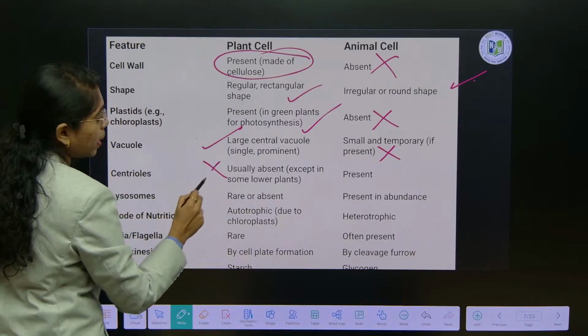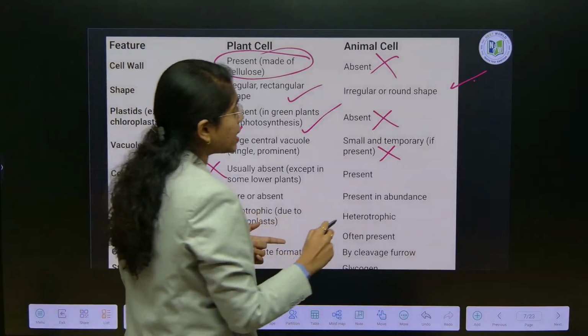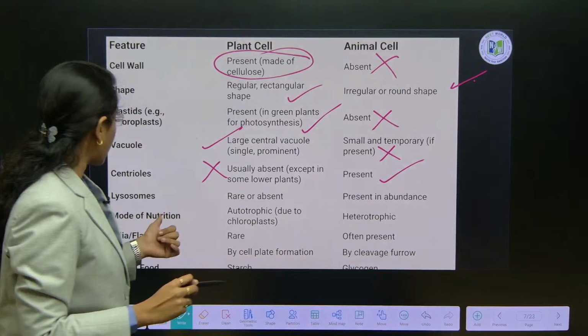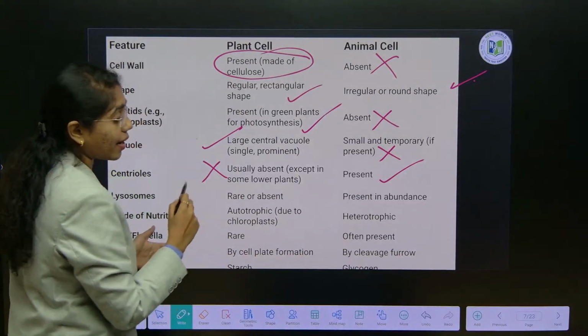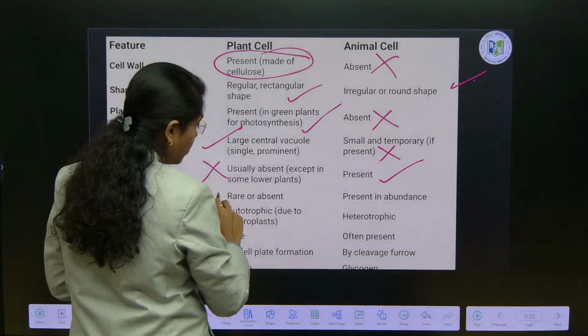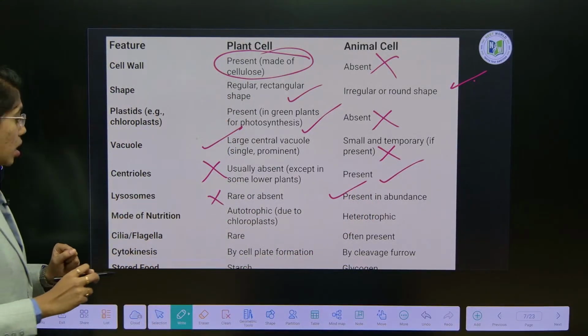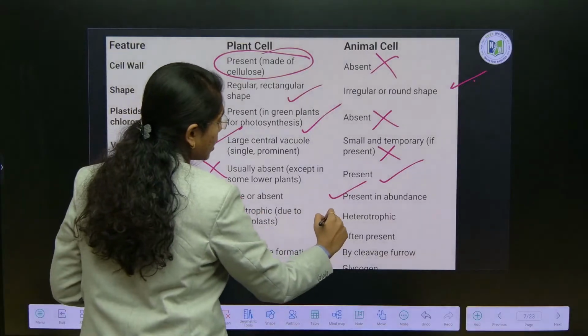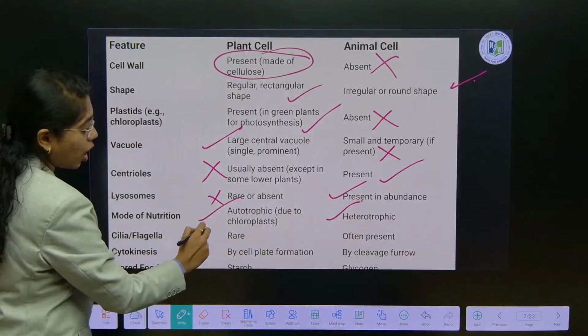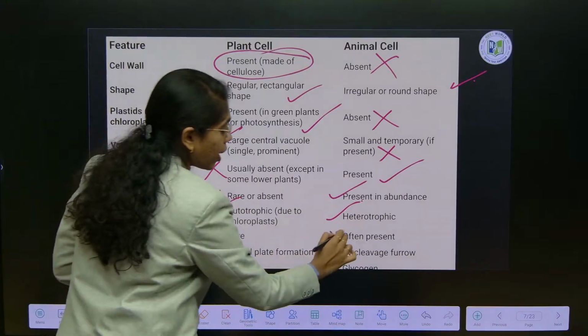Centrioles are absent in a plant cell and present in an animal cell. Lysosomes are rare or absent in a plant cell, and present in abundance in an animal cell. Nutrition is autotrophic in plants and heterotrophic in animals. Flagella or cilia are very rare in plants, and often present in animals.